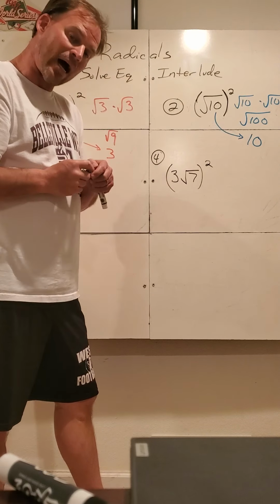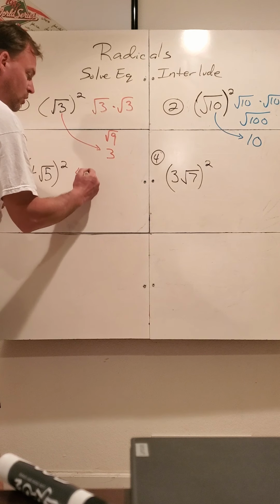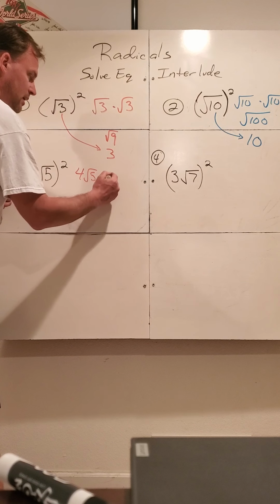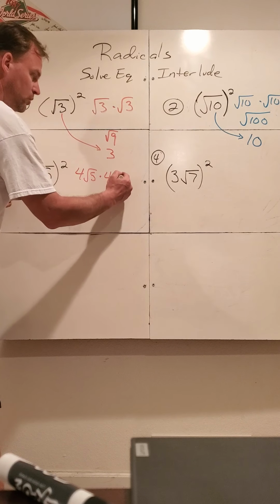Now, I'm going to throw you a slight curveball, which is why we're having this conversation today. 4 root 5. Notice, there's a number in front of the radical. Slightly different deal here. So what does this mean? When I say 4 root 5 squared, what does that mean? Well, same thing. 4 root 5 times 4 root 5. Multiply it by itself.